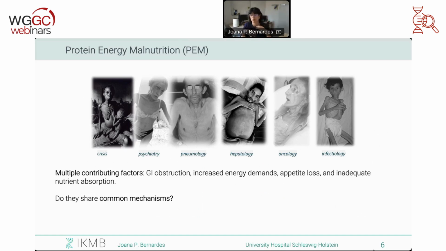You could have, like, for example, our patients sometimes have these GI obstructions that lead to malnutrition, appetite loss, inadequate nutrient absorption, etc. So why we're studying this mechanism is that we try to identify mechanisms of malnutrition, and in particular protein malnutrition, that we can potentially treat and alleviate and make it better, not only for people that are in these crisis regions where you have malnutrition, but also people that are in the hospital in late stages.